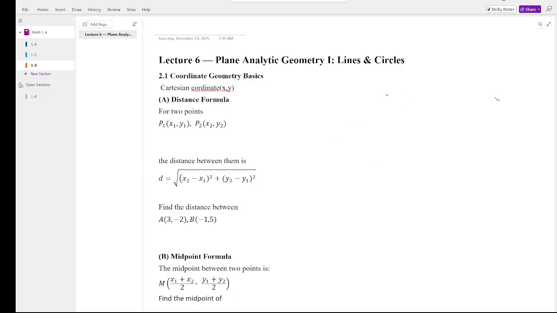Actually, this is the x-axis, this is the y-axis, and (x, y) can denote a point like here.